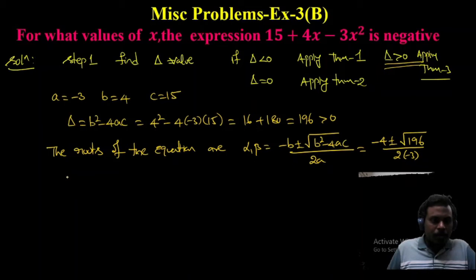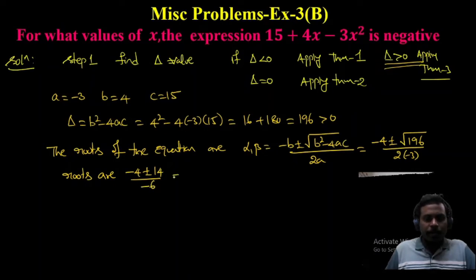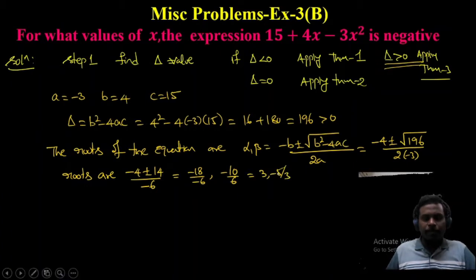So the roots are minus 4 plus or minus 14 divided by minus 6 actually. So this is minus 18 by minus 6 comma minus 10 by minus 6. So the roots are 3 comma minus 5 by 3.